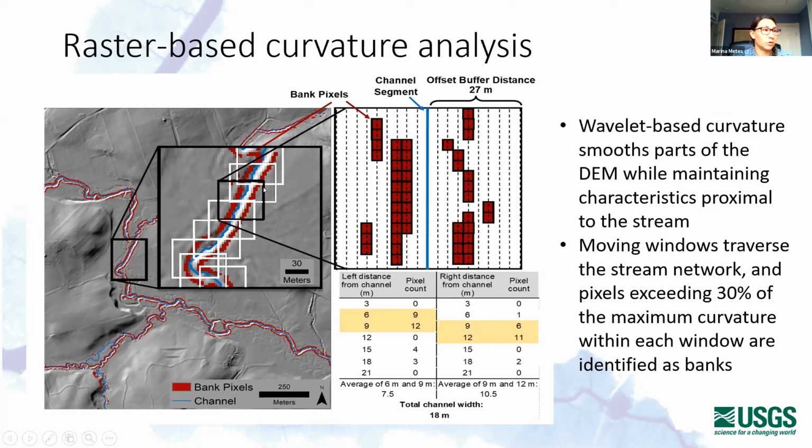For each window, pixels that exceed 30% of our maximum curvature within each window are identified as possible stream banks. And then to identify the actual bank location, since we might have cases where there's a terrace or some other feature that might get identified as a bank pixel within these moving windows, we start from the stream channel and move outward in parallel lines adjacent to the stream channel and identify the location where we have the majority of bank pixels.